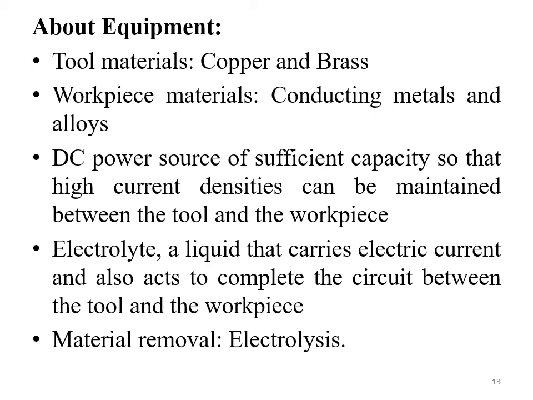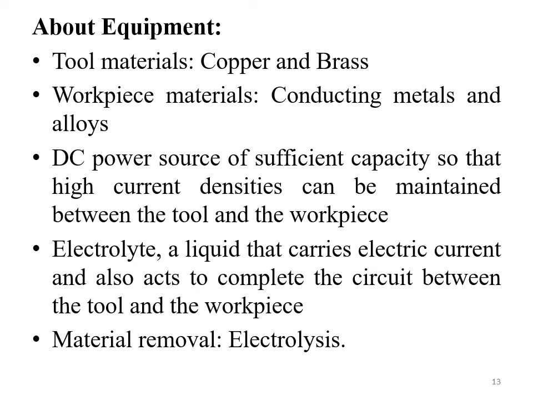These metal ions will get dissolved into the electrolyte. At the same time, because the workpiece has to be connected in the electric circuit, it needs to be a highly conducting metal or alloy. That's why only conducting metals and alloys can be machined.